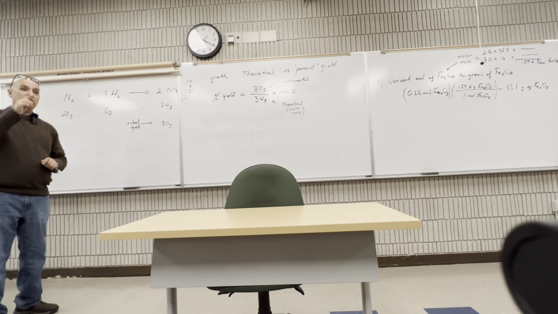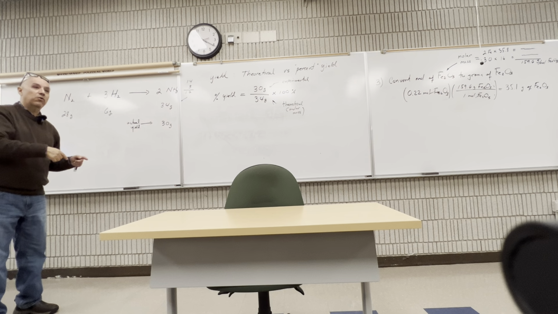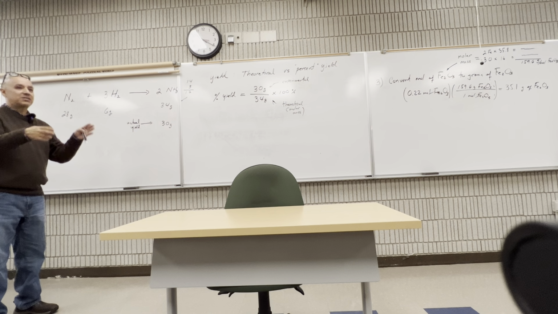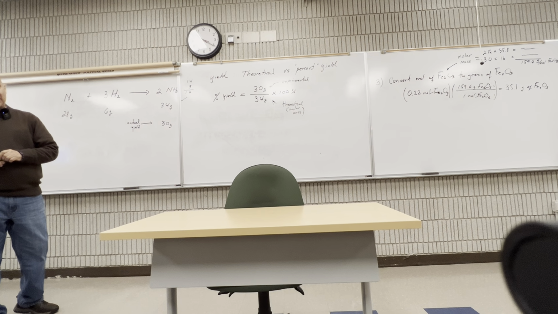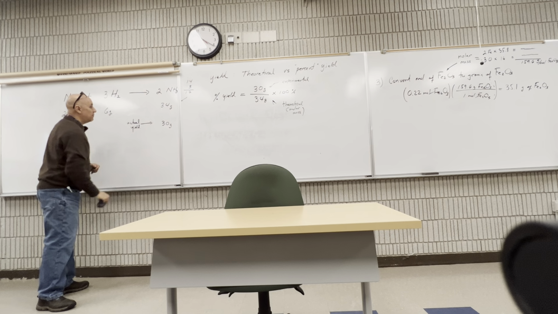So if you use the book to answer a question in the homework from the book, you're going to get the right answer. But if you use the internet to answer a question from the book, you may not get the right answer. So I'll explain what I mean by that in a minute.